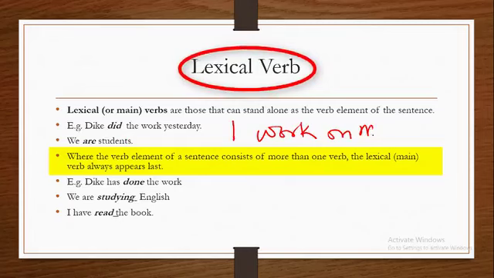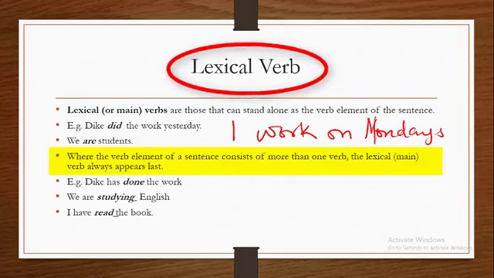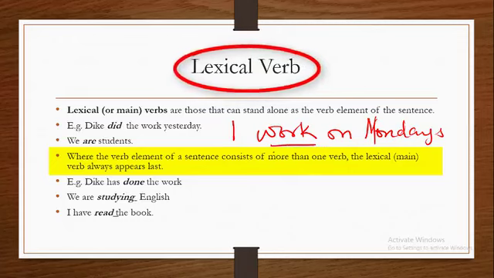I work on Mondays. So the main verb here is work. It can stand alone. I work. But sometimes we can have verb elements of a sentence consisting of more than one verb, and the lexical verb always appears last.